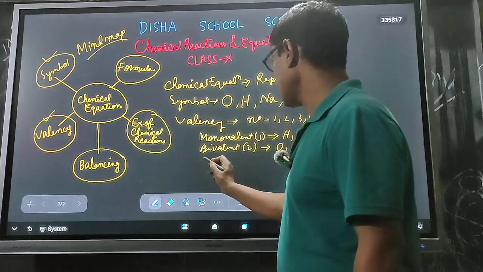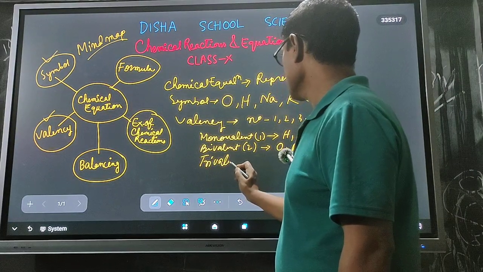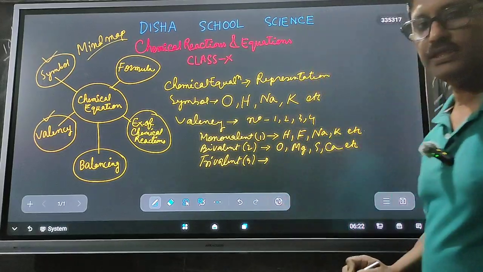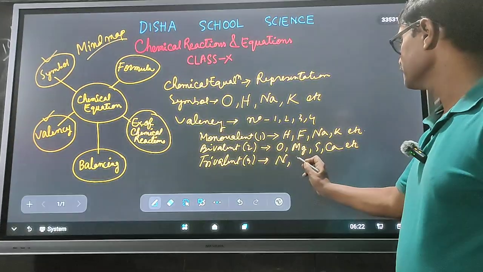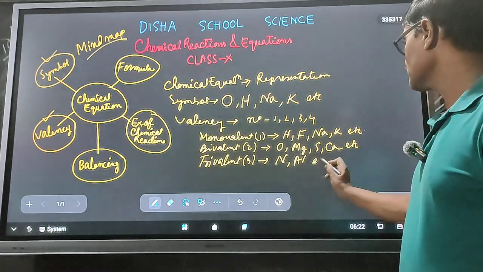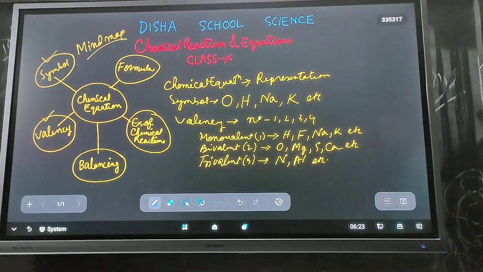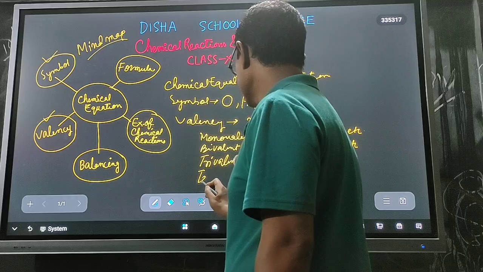Next is coming trivalent. Trivalent means having valency 3. So in this category, some of these elements, nitrogen, aluminium, etc., show valency 3. And next is coming tetravalent.